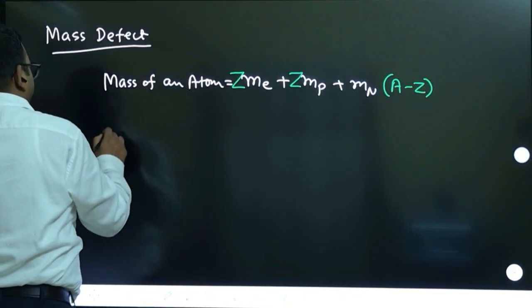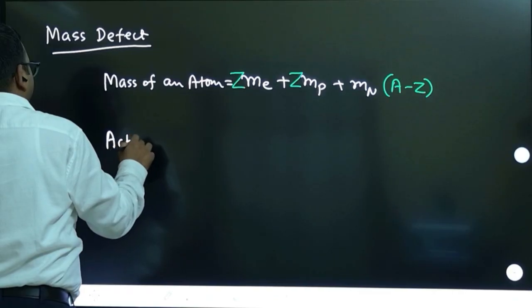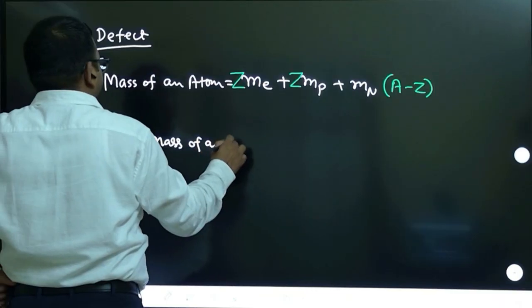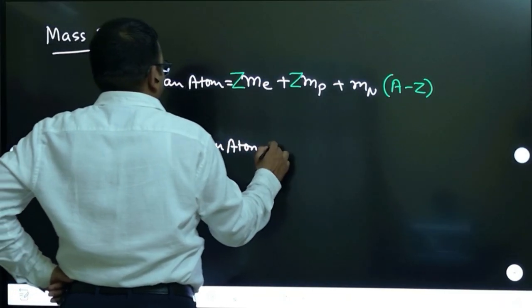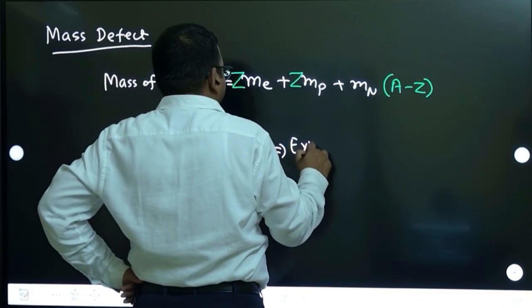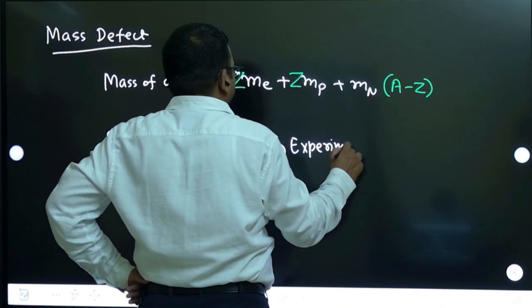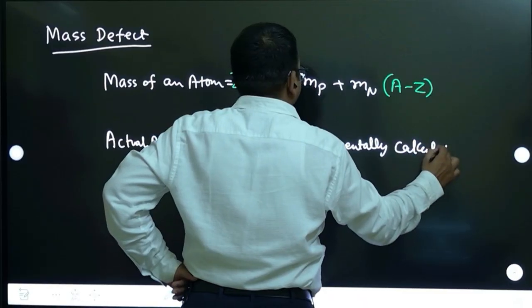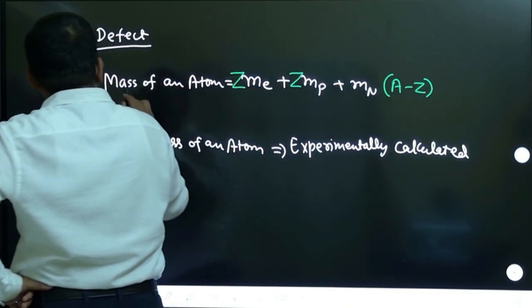But the actual mass of an atom is experimentally calculated. This is the theoretical mass.